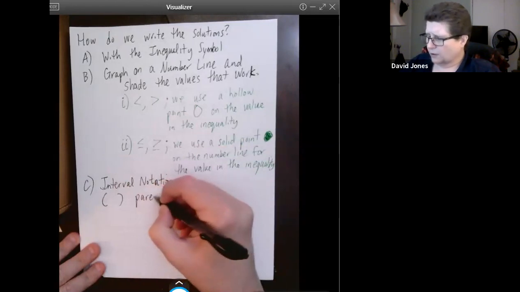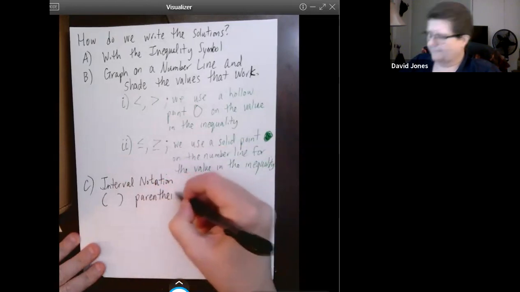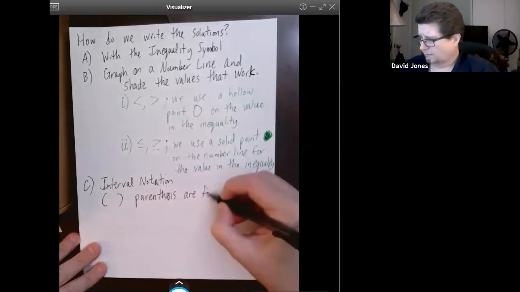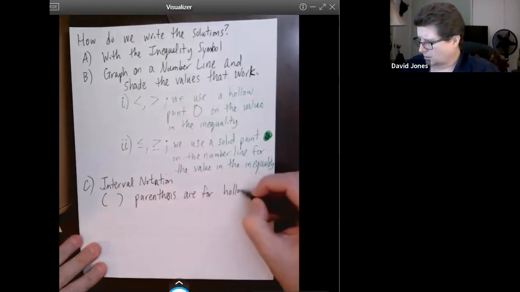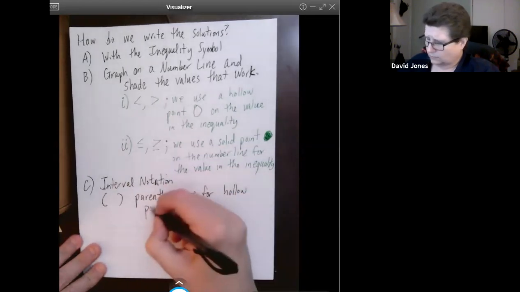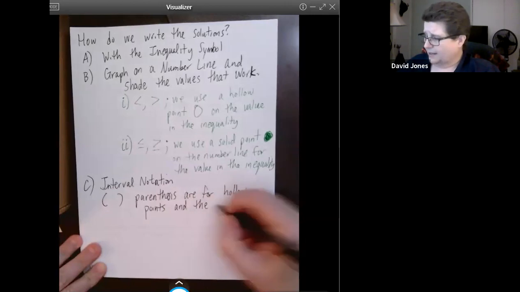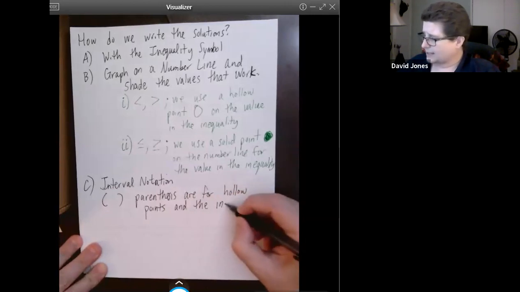Parentheses are for hollow points or infinities. And the infinities, like infinity and beyond.